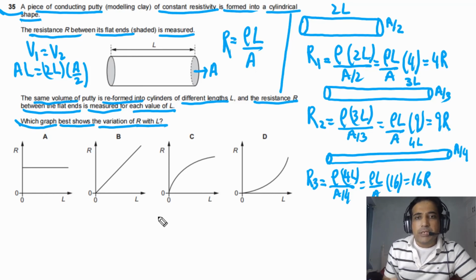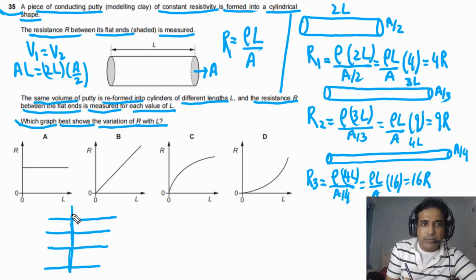So in this case we can draw the table, then we can find the graph. So this can be our table. So let's say we have length here.